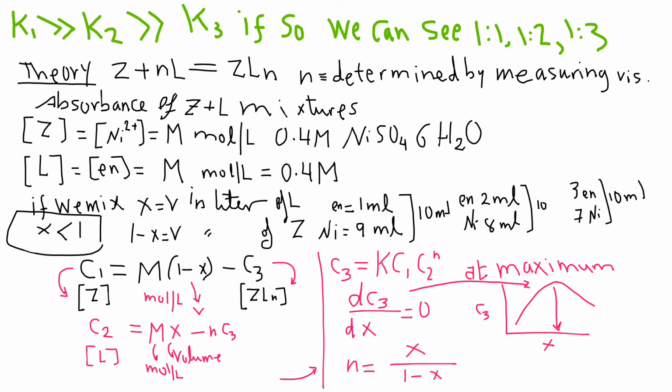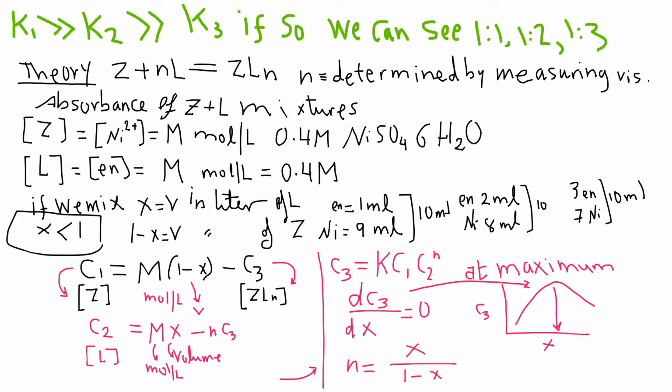Now, C3 equals K, the equilibrium constant, times C1 times C2 to the power N. So at maximum, if we plot C3 versus X from this equation, the inversion point at the maximum, which is dC3 by dX equals 0, happens at the inversion point, and so we plot C3 versus X, and the maximum gives us n equals x over 1 minus x.